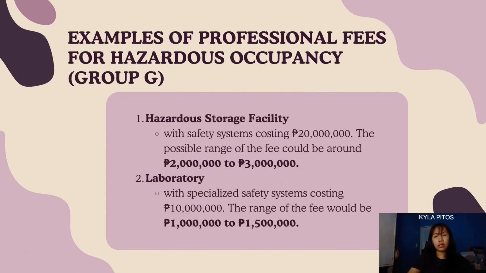Examples of this are number 1, the hazardous storage facility, which has safety systems that cost around 20 million, with a possible range of fee that could be around 2 to 3 million. And second example is the laboratory, which has a specialized safety system that costs around 10 million, and the range of fee would be around 1 to 1.5 million.